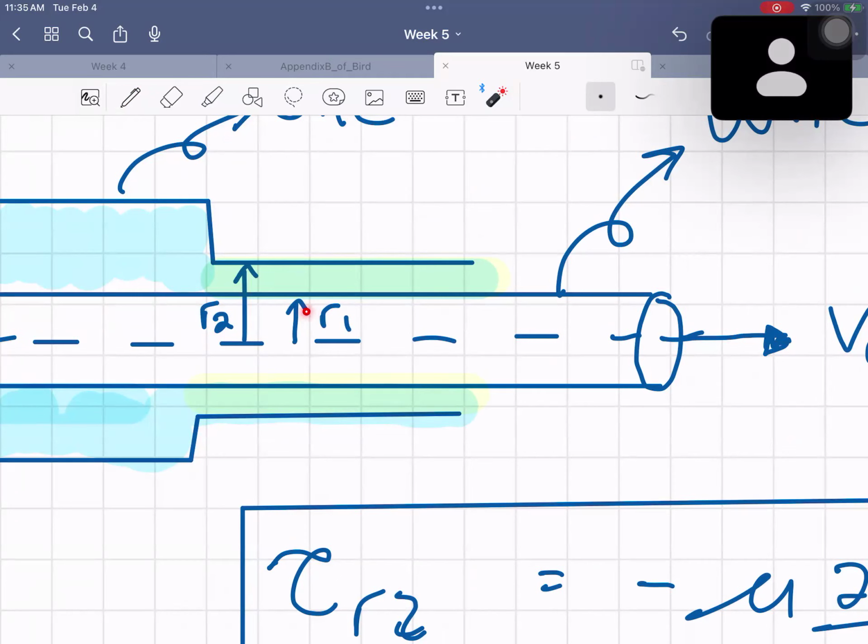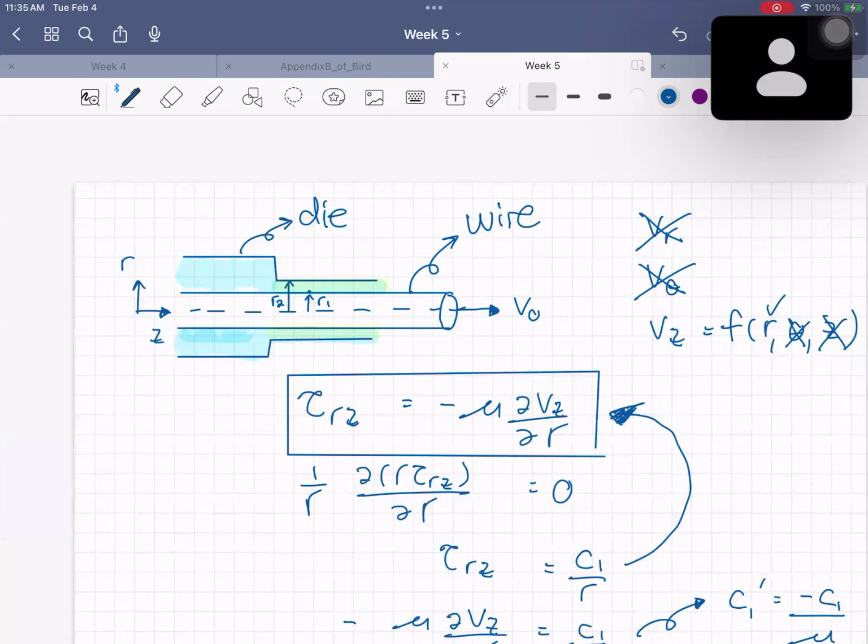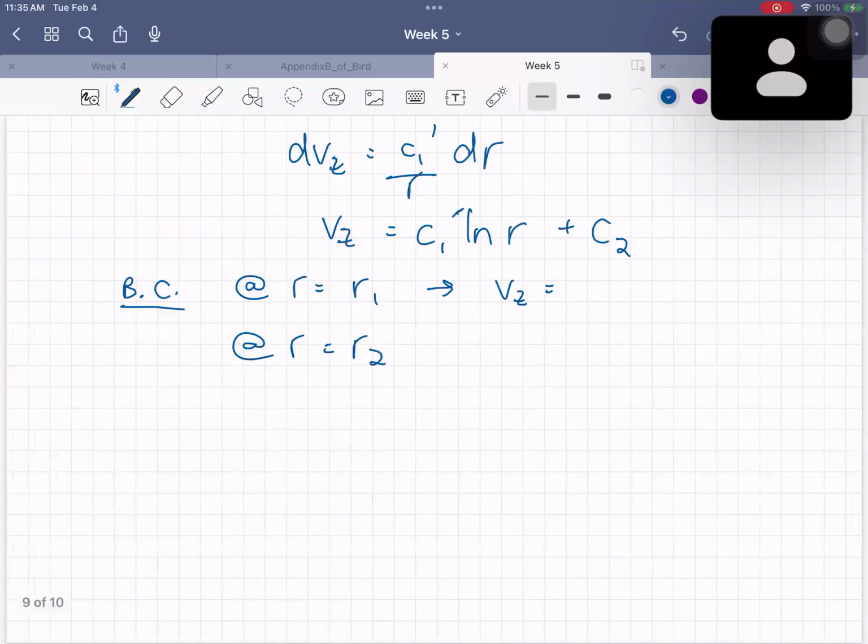At r equal to r1, v equal to v0, right? Because the wire is moving, right? So any fluid that is in contact with the wire needs to have the similar velocity, okay? All right, so v equal to v naught. At r equal to r2, vz will be equal, in this case, to 0 because the slot die is staying still, okay? So the velocity is 0.